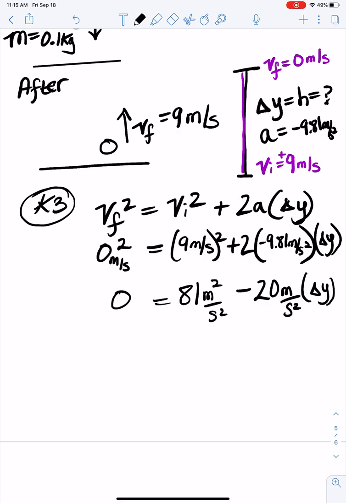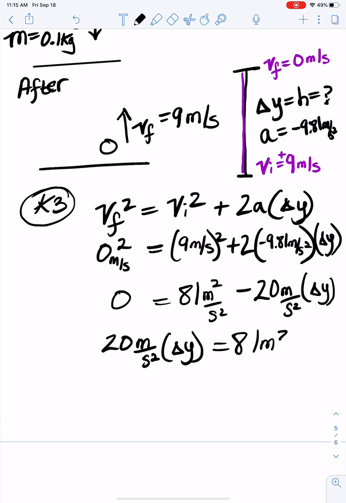We'll add or subtract 81 from both sides, yeah. Or no, let's just kick the 20 over there. That'll make it positive, which is nicer to deal with. Divide both sides by 20.